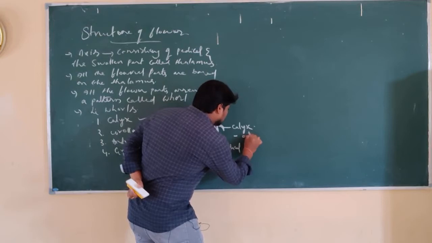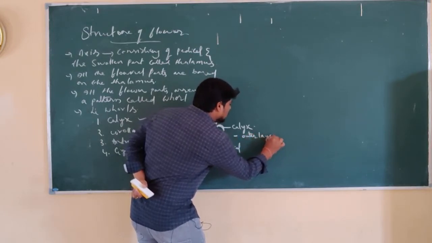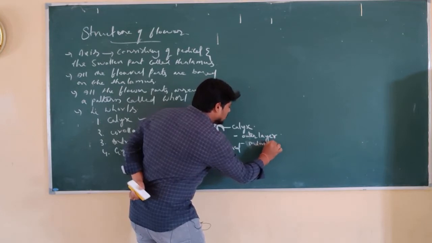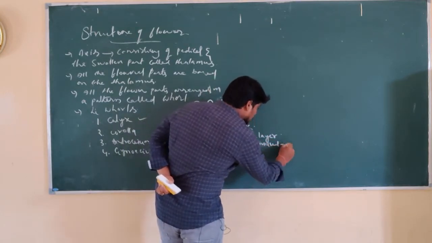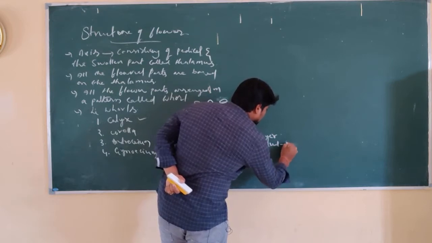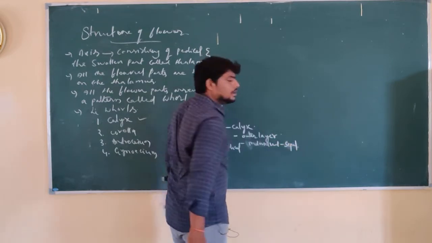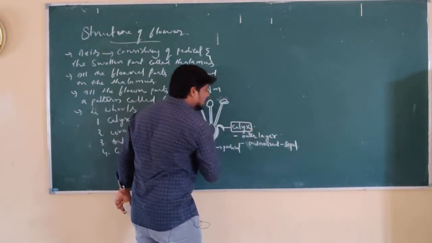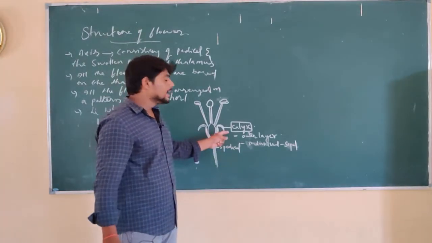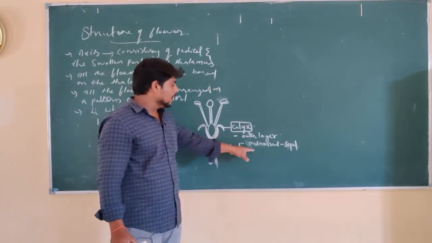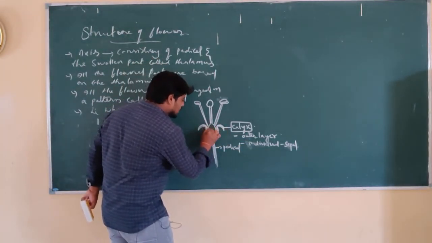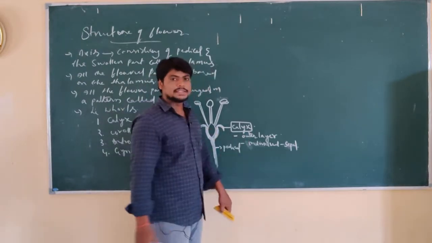It is the outer layer, or outer whorl, and the individual unit is called a sepal. The outermost layer, or first whorl of the flower, is the calyx, and its individual parts are called sepals.